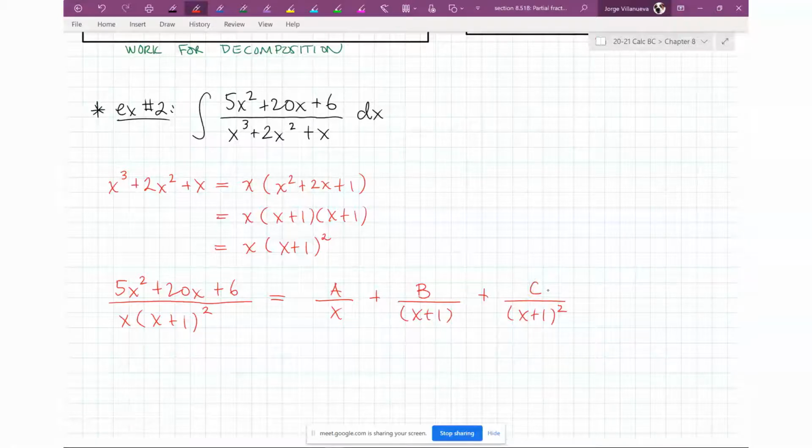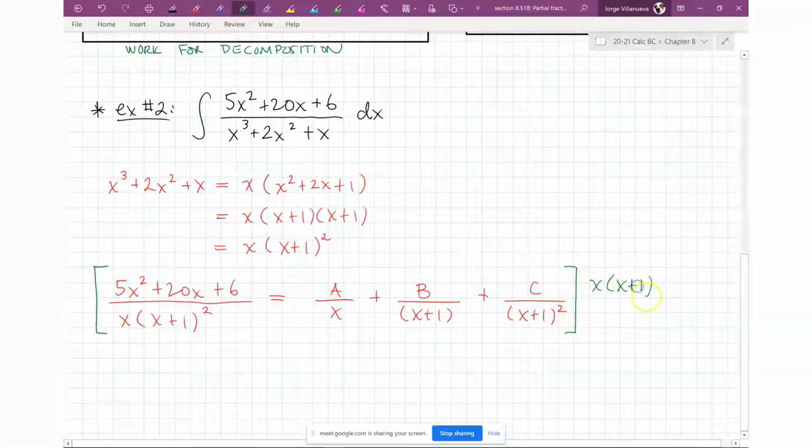So notice in this case, we're going to have to solve for 3 different variables, A, B, and C. In order to do that, I need to multiply everything by the LCM. And again, that's kind of easy. The LCM is the factor on the bottom, so it's x times (x plus 1) squared.